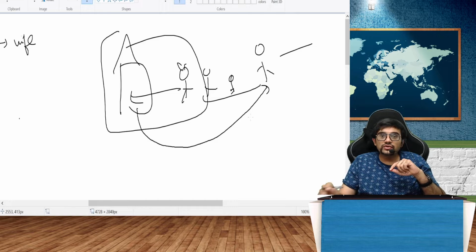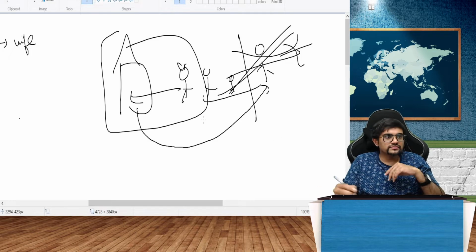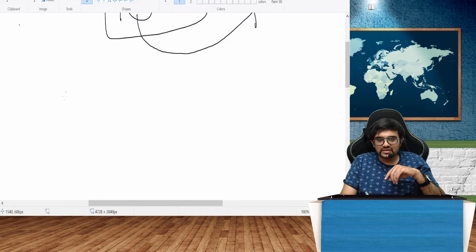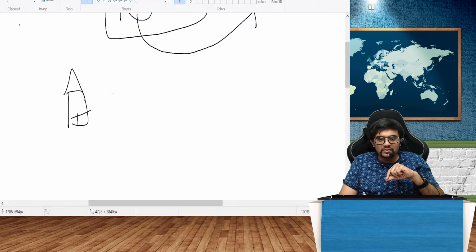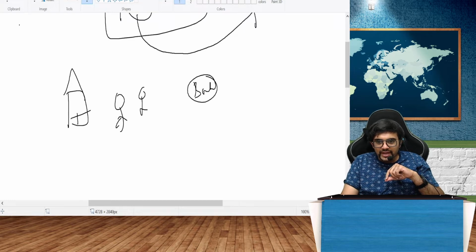Chidambaram said, nothing doing. Let the child go to hell. He said, dear parents, no problem, you come to a bank. The bank will take over this property.